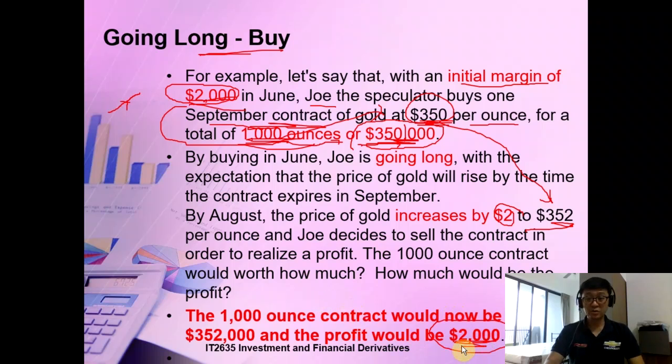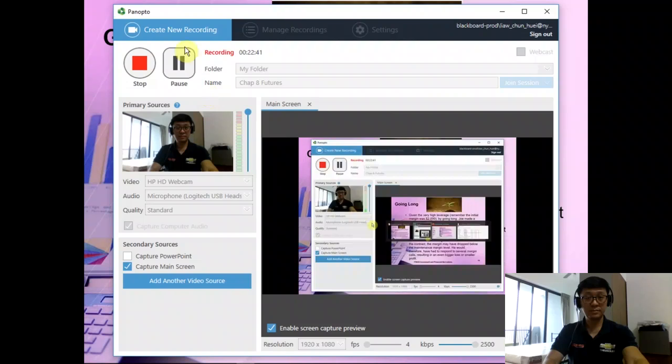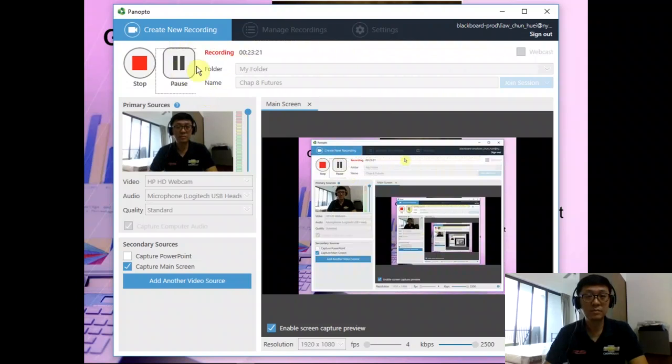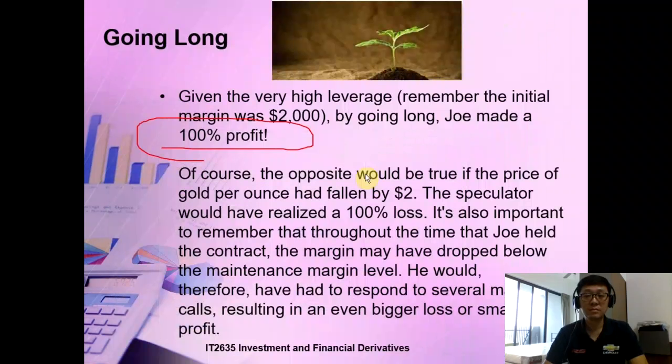So the profit is $2,000. Your initial margin was $2,000, and here is $2,000 profit. So you're talking about 100% leveraging, 100% profit.